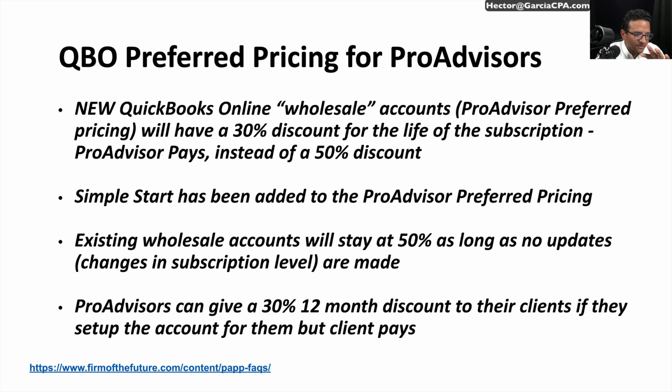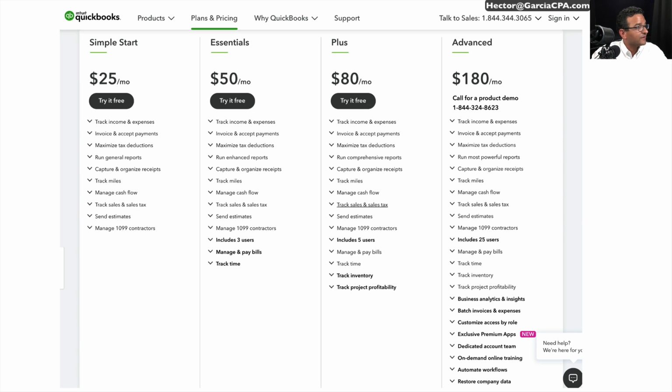Now, they took some stuff away and added some stuff. One of the good things that they added is that Simple Start is now part of the Pro Advisor Preferred pricing, which means the $25 a month Simple Start on wholesale is going to have a 30% discount. Is it enough to move the needle? Not so much.